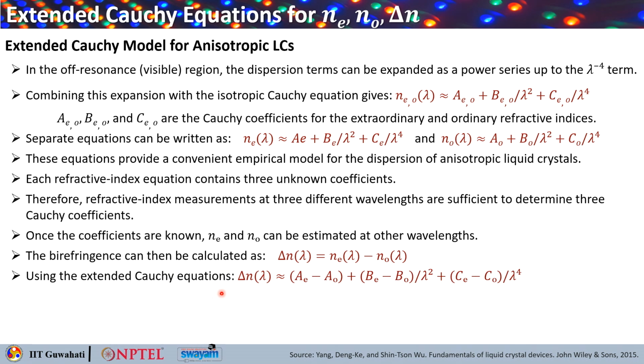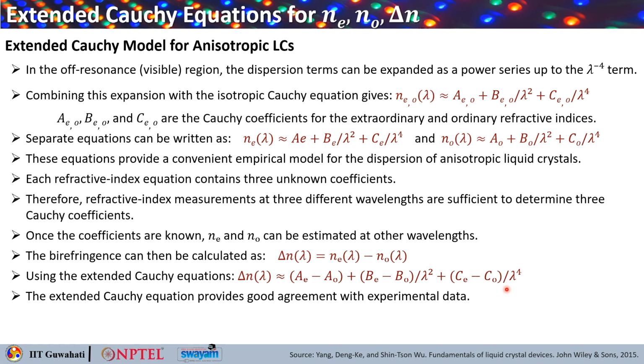So, you can see using the extended Cauchy equation, you can write delta n of lambda will be nothing but AE minus AO plus (BE minus BO) over lambda square plus (CE minus CO) over lambda to the power 4. So, what is seen is that this extended Cauchy equation provides very good agreement with the experimental data.